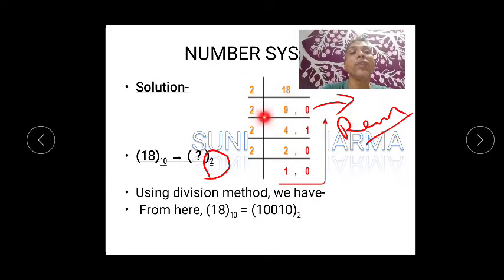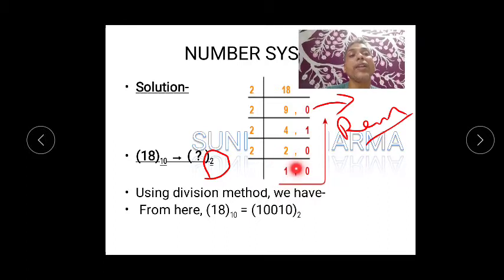Then again, whatever quotient you got, you have to divide it by 2. So 4 2s are 8, 9 minus 8 is 1, so remainder is 1. 2 2s are 4, 4 minus 4 is 0, remainder is 0. 2 1s are 2, 2 minus 2, remainder is 0, and 1 is left here as a quotient. So you have to keep it.